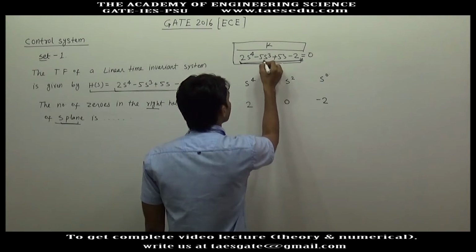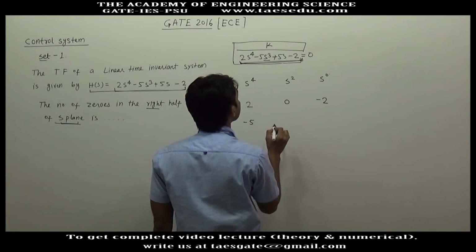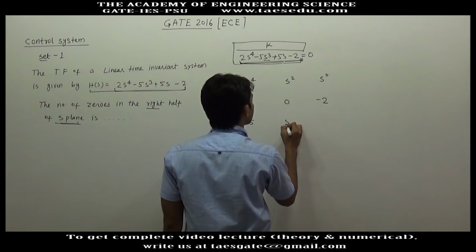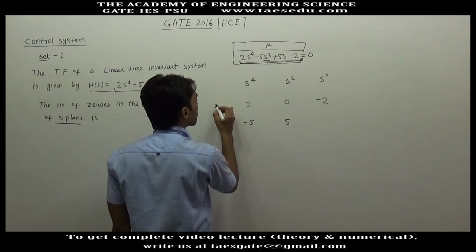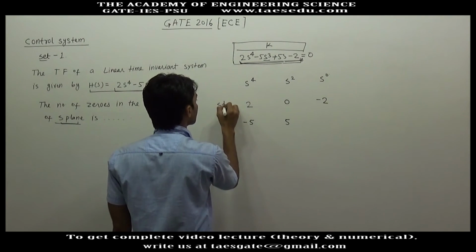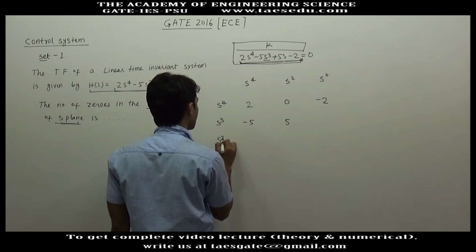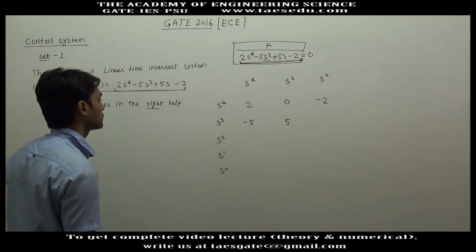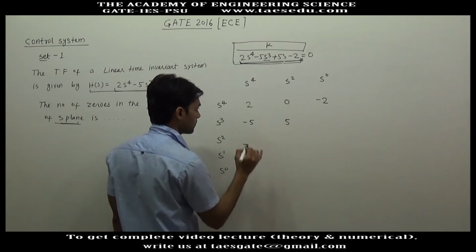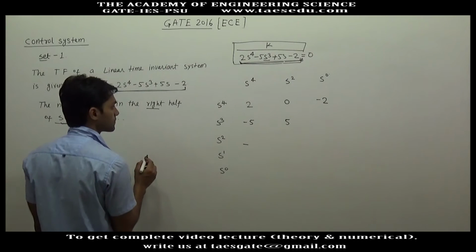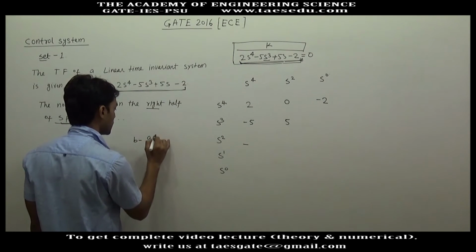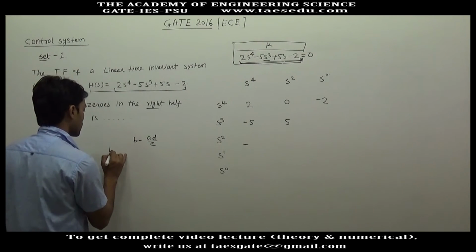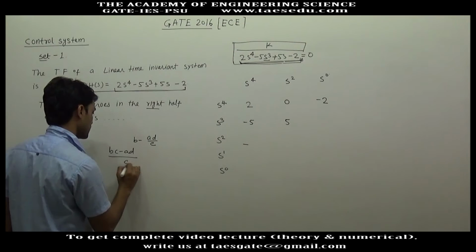In the second row, for s^3, we will have minus 5, there is one sign change, and for s^1 we have plus 5. Now this element is calculated as (bc minus ad) by c.